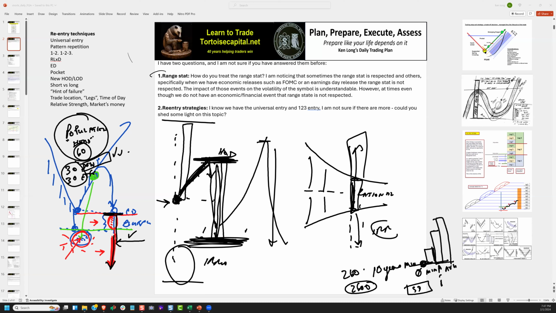There's my average. Then there's my average plus one. That's the long-term range stat, the 10-year range stat. The one that we do with just the 30-day can vary quite a bit. This one on 10 years does not change. What I really want to know is what was the max ever?